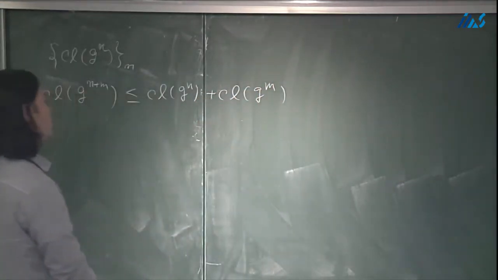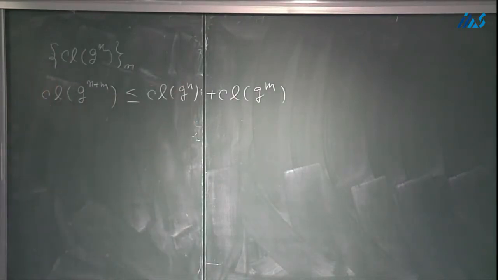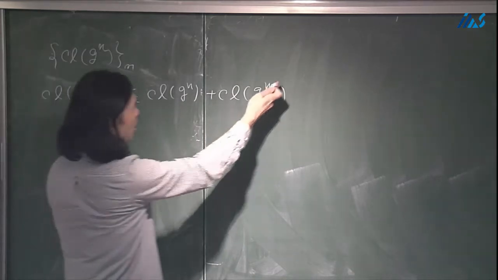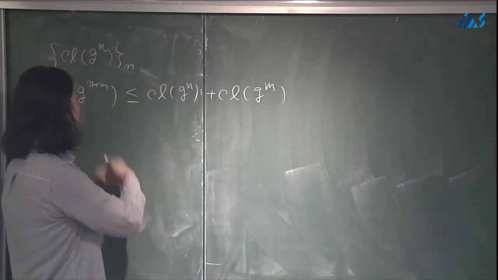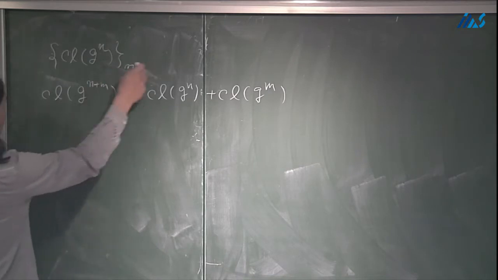This is obvious because if you can write g to the n by, say, k commutators and g to the m by L commutators, then of course you can write g to the n plus m by k plus L commutators. Maybe it's a bit less. That's why it's not equal, but just an inequality. So this sequence is subadditive.